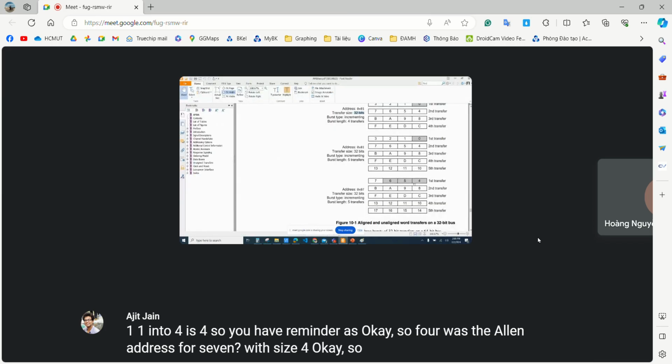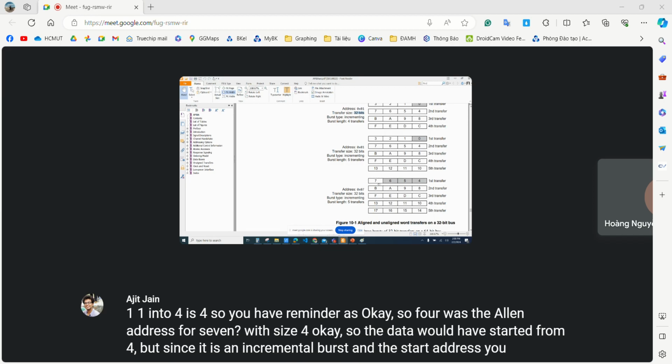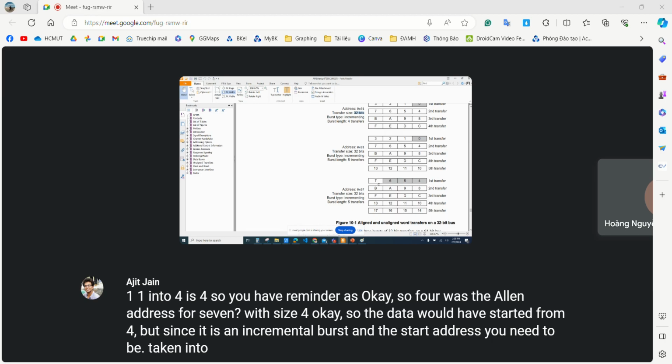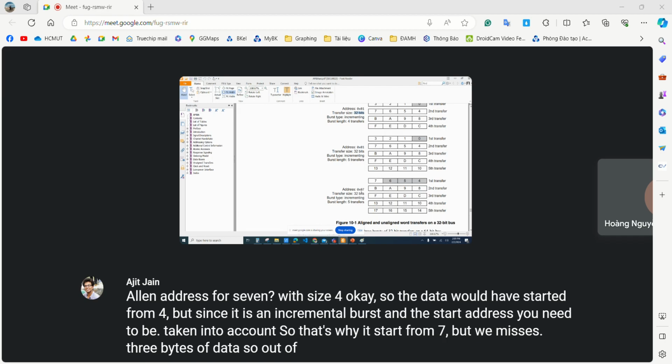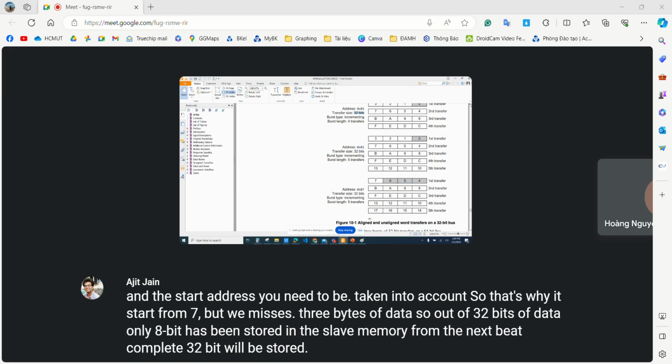The data would have started from 4, but since it is an incremental burst and the start address needs to be taken into account, it starts from 7, but we miss 3 bytes of data. So out of 32 bits of data, only 8 bit is being stored in the slave memory. From the next beat, complete 32 bits will be stored.